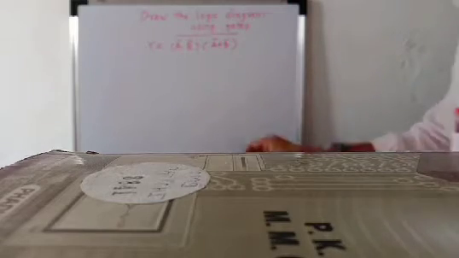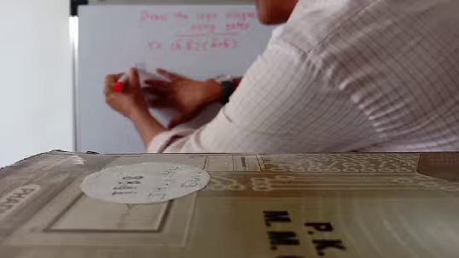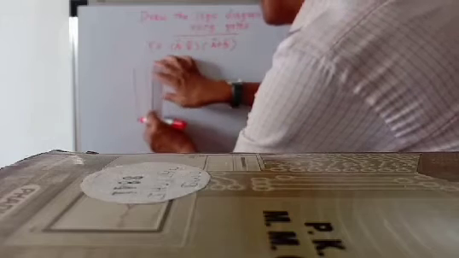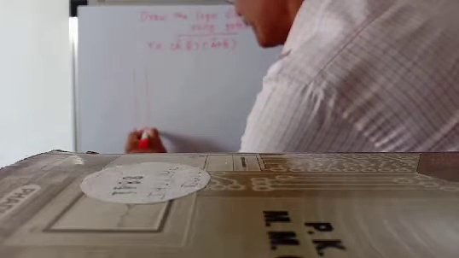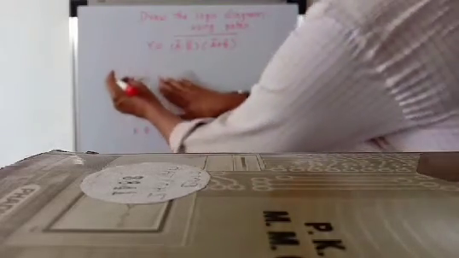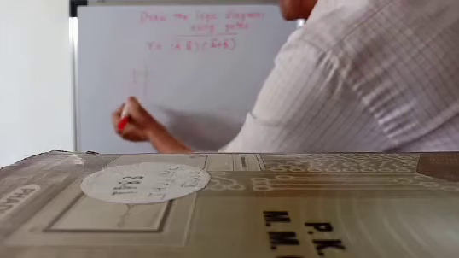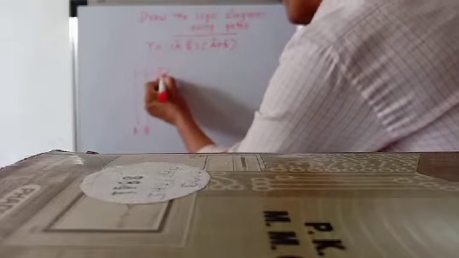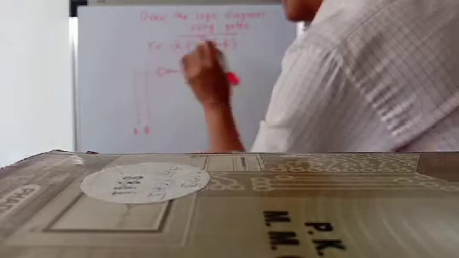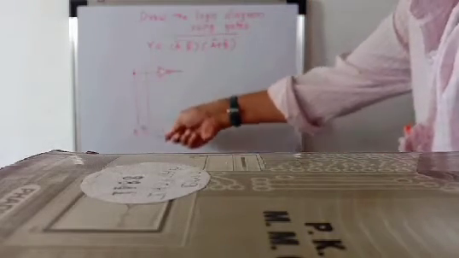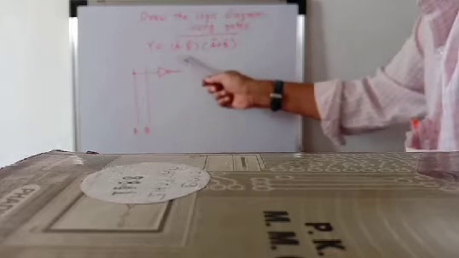So first draw two vertical lines A and B. Now here is A bar, so draw one NOT gate and connect its input to A. So here we are getting output A bar.